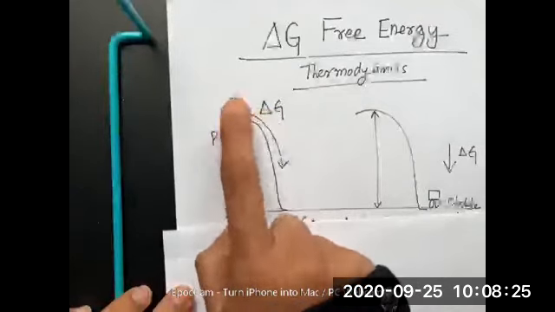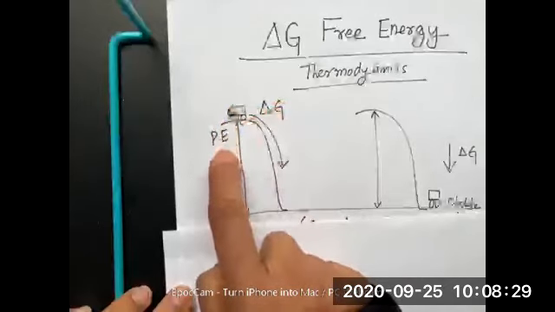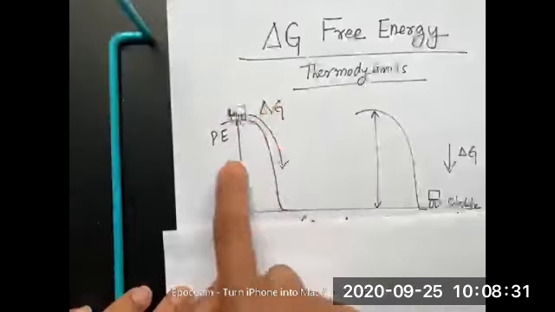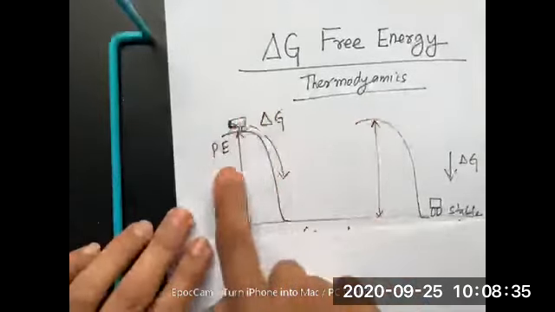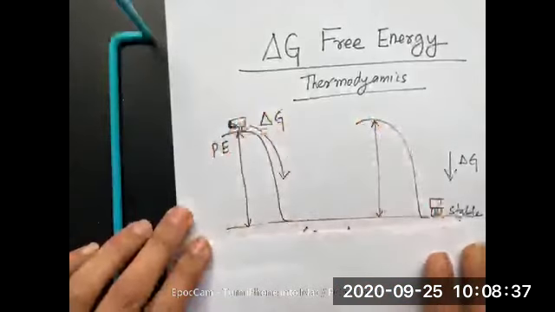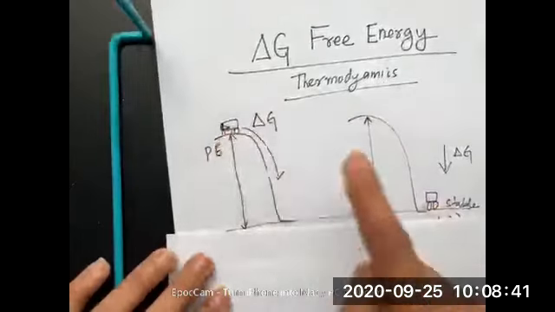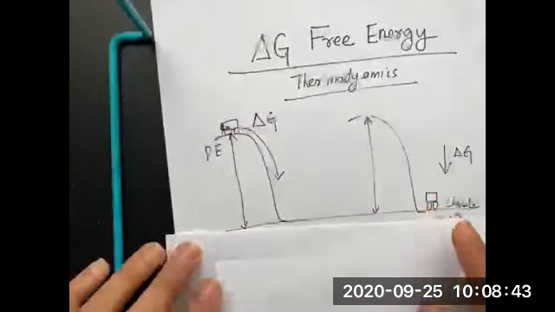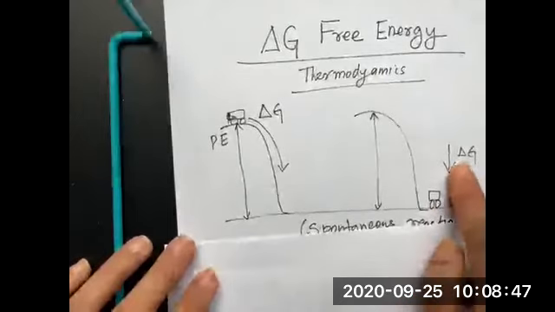So it is not in a stable state. More free energy means not stable. Such a system is going to spontaneously change, and when the trolley gets to the bottom of the hill, it's more stable here, because its delta G, or the free energy, has gone down.